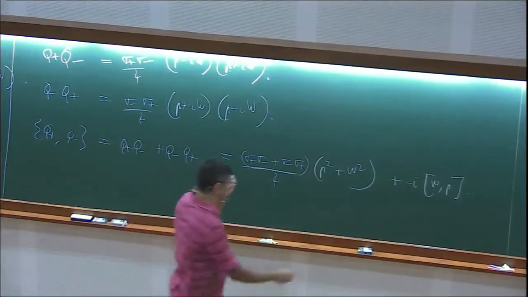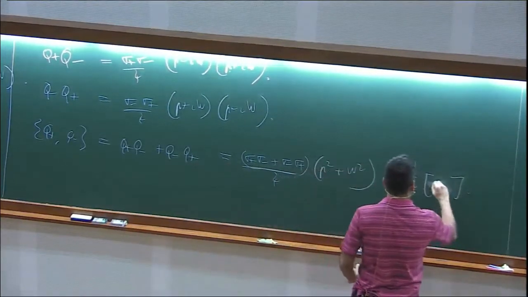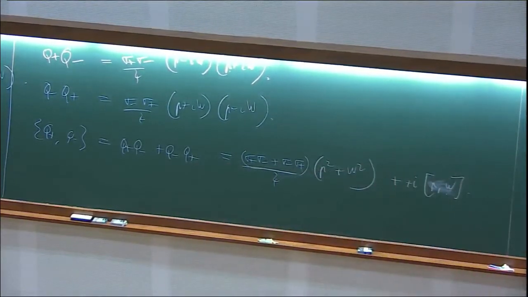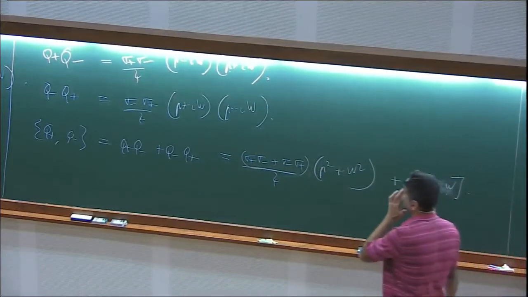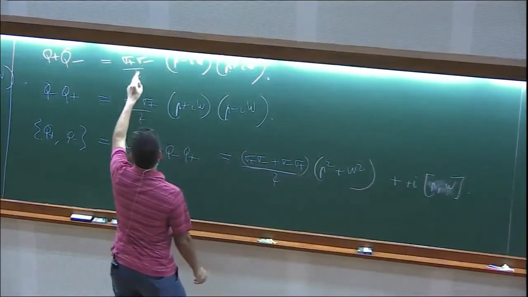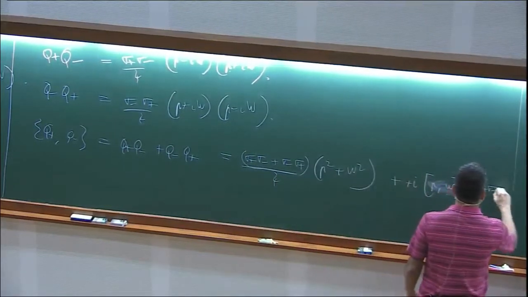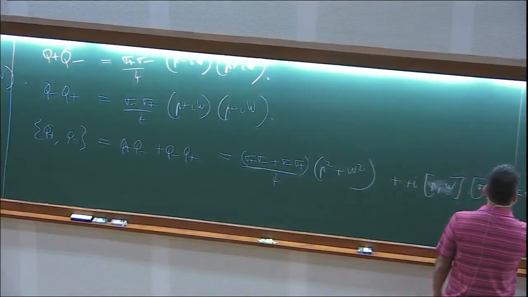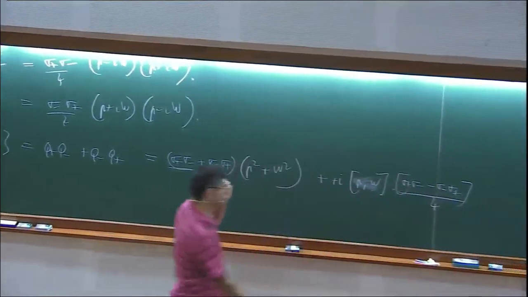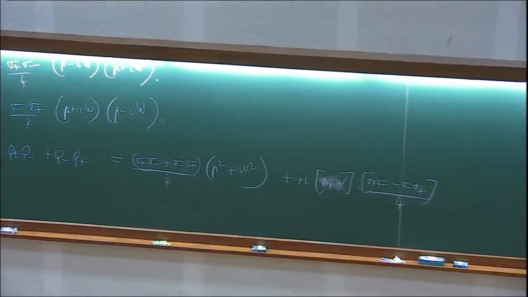Okay, so we can write it as plus i times PW into sigma plus sigma minus minus sigma minus sigma plus, divided by 4. Is this clear? Yes.